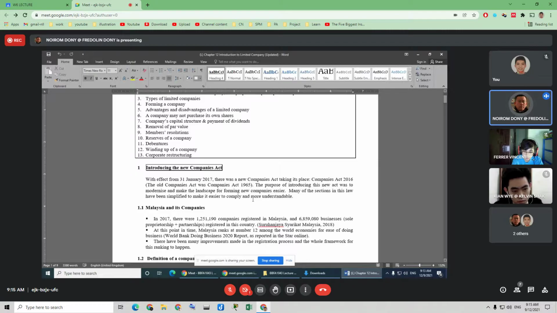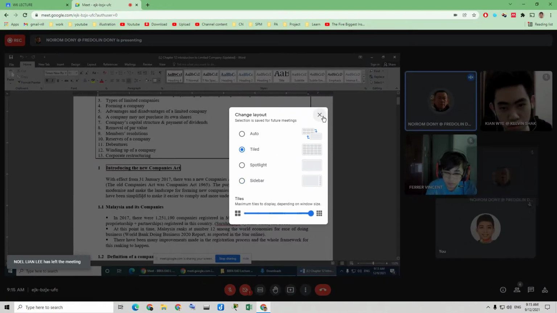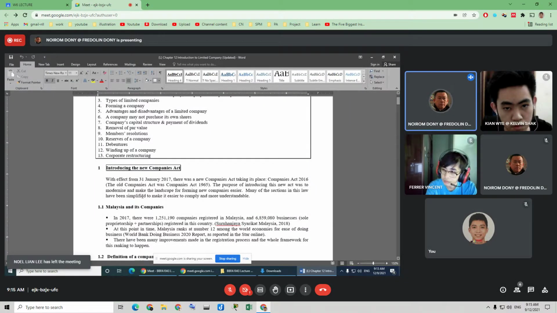So the first reason is to modernize. Modernize meaning we are making the wording simpler, because you know law, the wording is sometimes very hard to understand, the terms used in the law. So they make it simplified so the public would understand it, and then it will be easier for the public to comply.